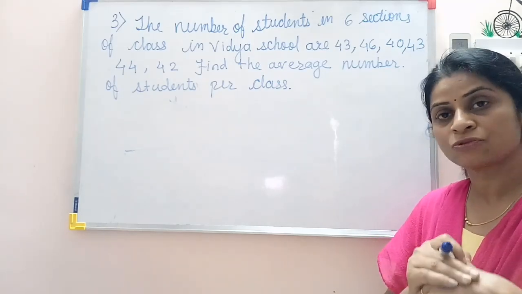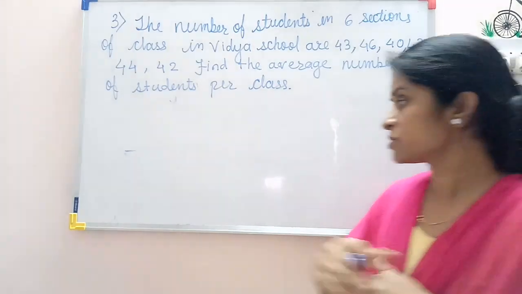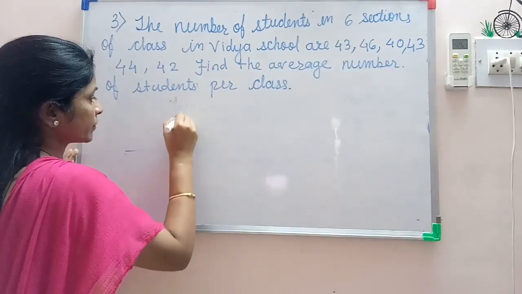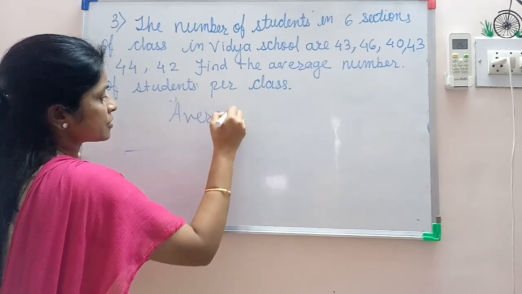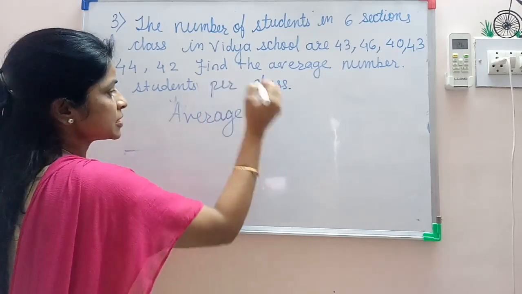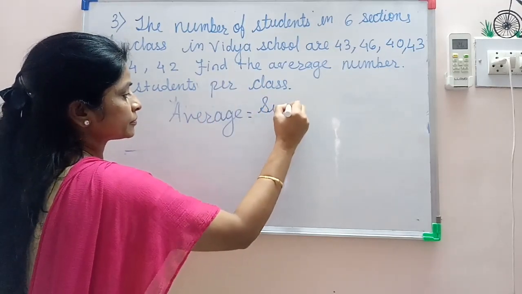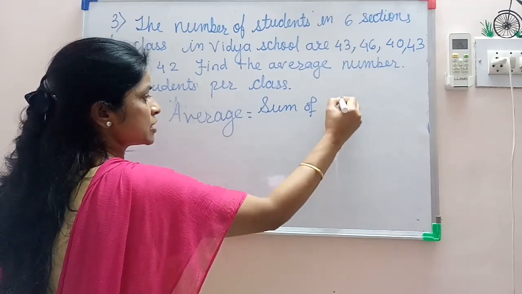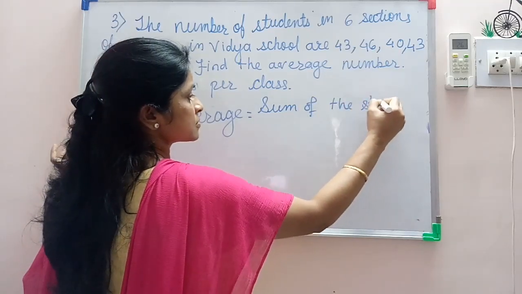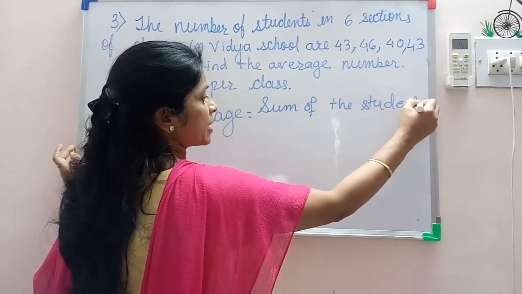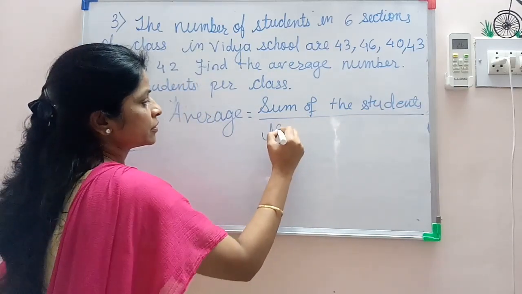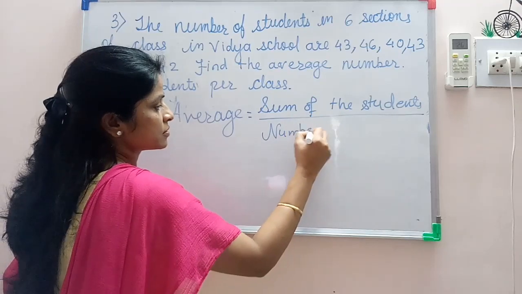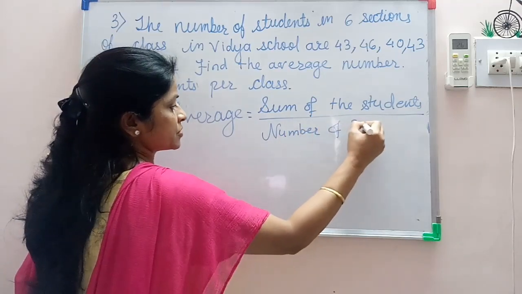Now for that we have to write the formula for average. So average is equal to sum of the students divided by number of sections.